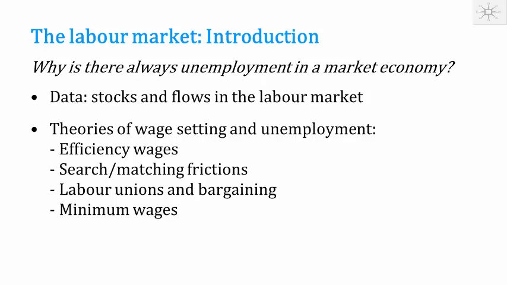And then we discuss search and matching frictions, the role of labor unions and bargaining, and minimum wages. And there's also a review of how unemployment has evolved in different countries and of what the research shows about the determinants of unemployment in this chapter. But we will not cover all those topics here.